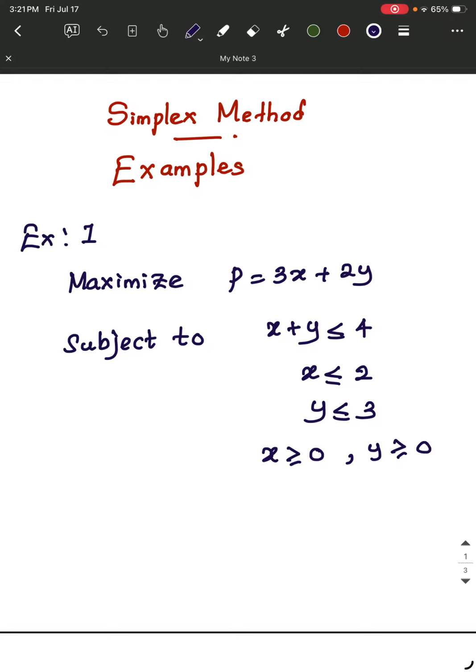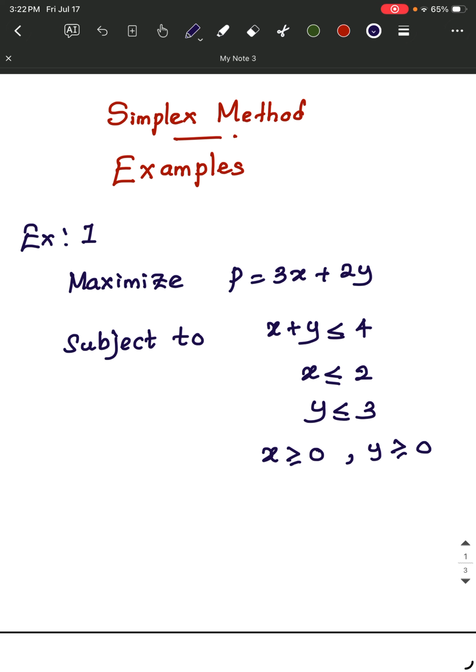Okay, let's solve this linear programming problem using the simplex method. First, notice that this is already a standard maximization problem. Because we have a maximization problem, all the inequalities are less than or equal to a non-negative constant value and the non-negativity constraints are satisfied.